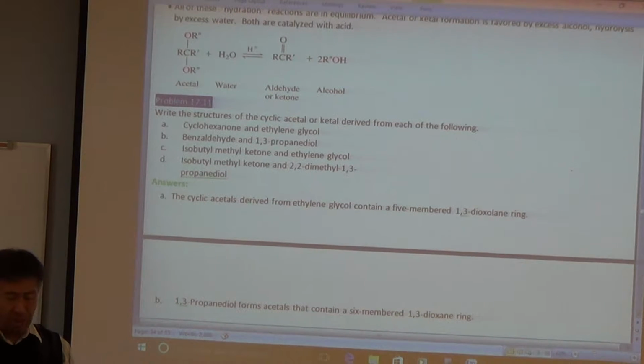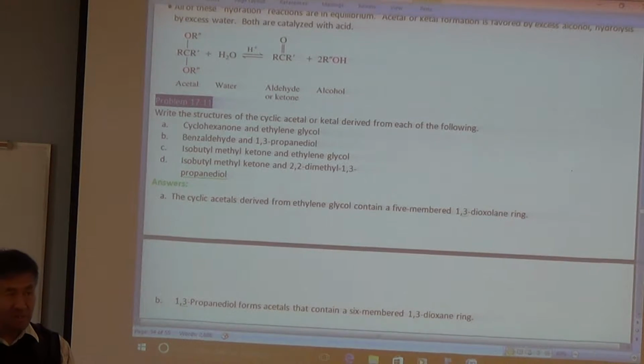Obviously, you can also study just predicting the products of those acetals. And sometimes you might see those hemiacetals for compounds that have both an aldehyde or ketone and also the alcohol in the same molecule.